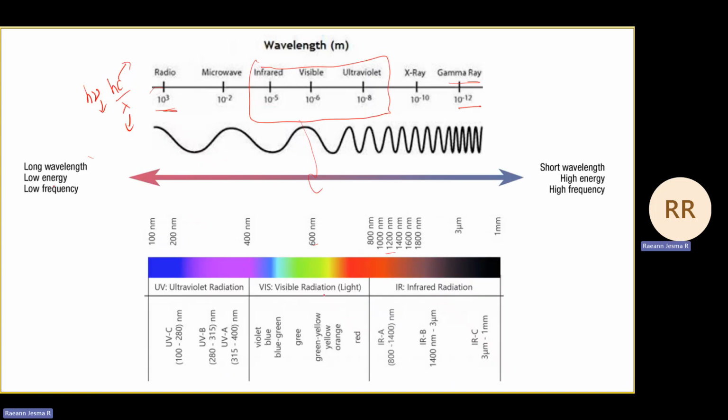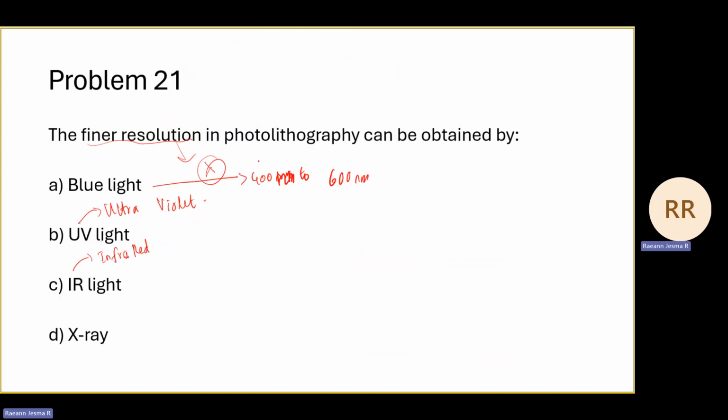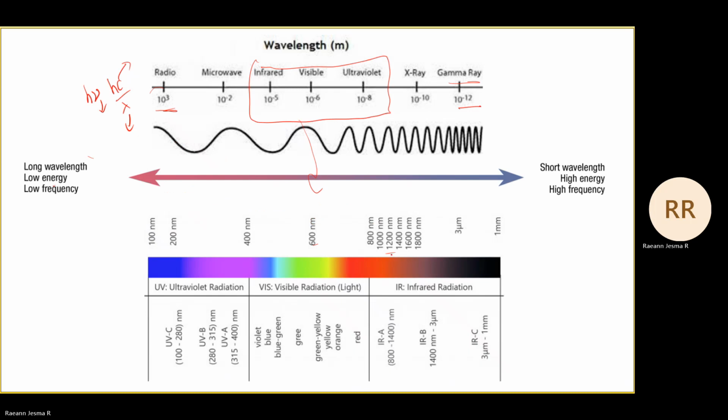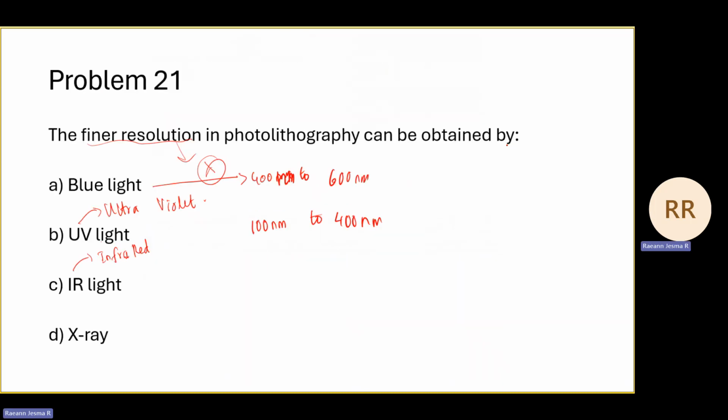UV light is between 100 nanometer to 400 nanometer. IR is between 800 nanometer to 1 mm.